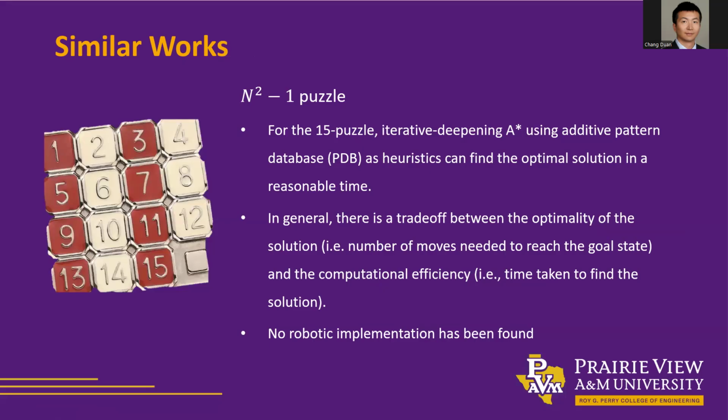For the n squared minus 1 puzzle, there's no robotic implementation that we have found in the literature. So our contribution is that we have developed two algorithms to solve the Rubik's race puzzle and also adapt a general purpose robotic arm to play the game autonomously.